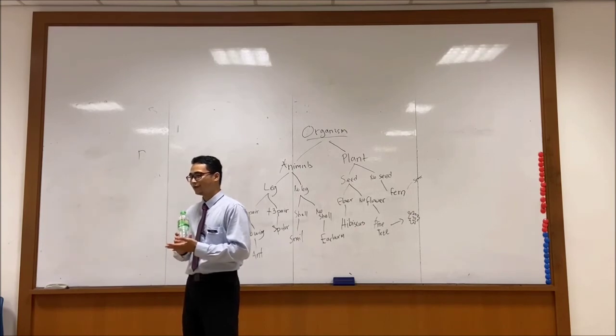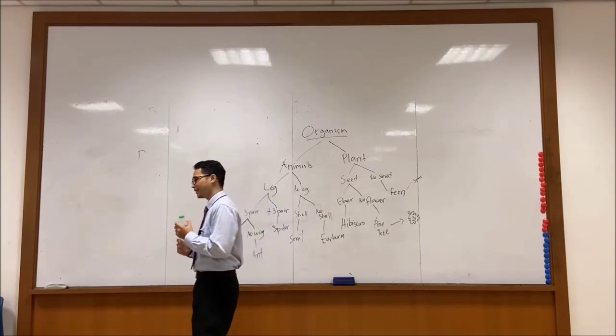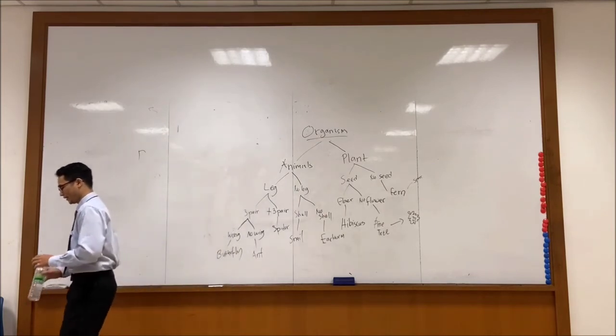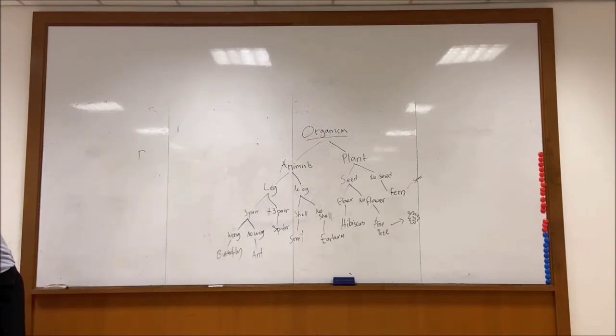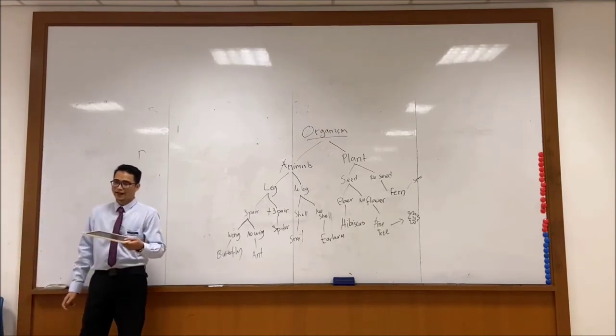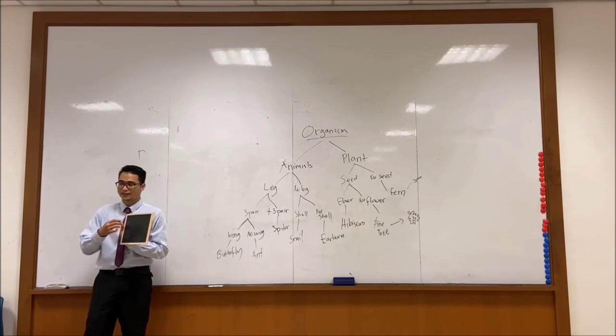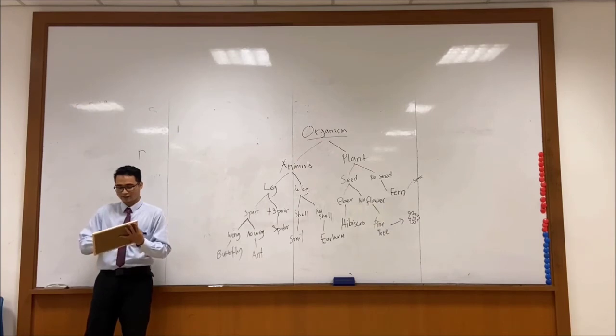Now we move to our activity. This is the last activity. In this activity, I will give you an example. I will write here the name of one of the six kingdoms. As an example, I will write here Animalia.